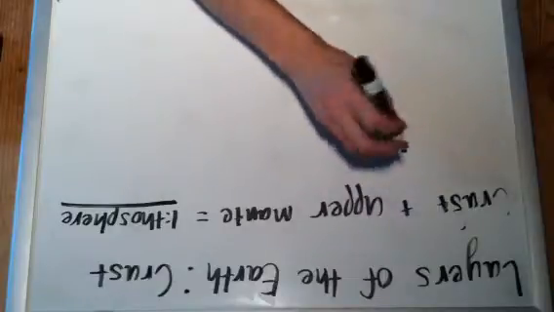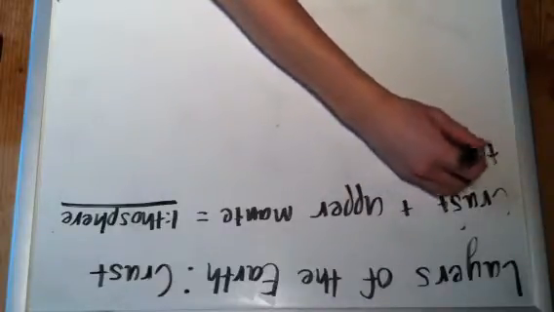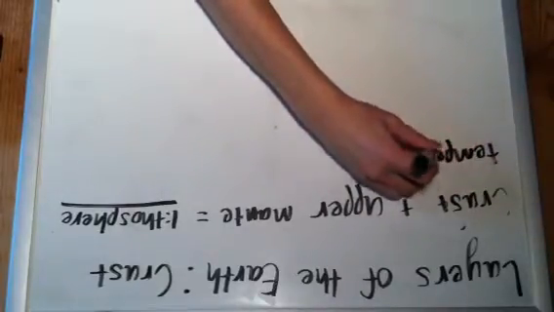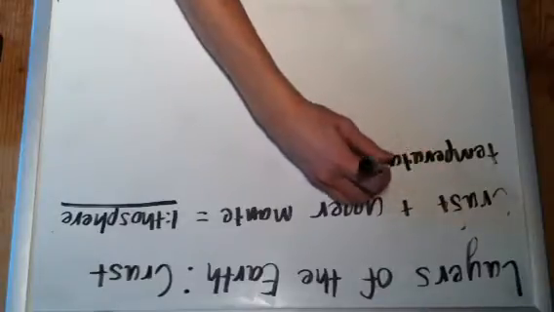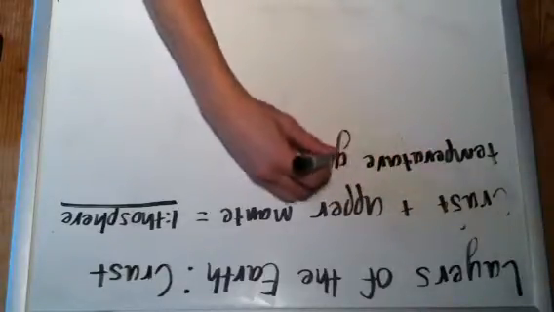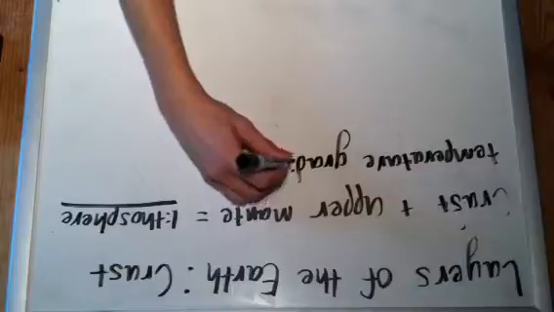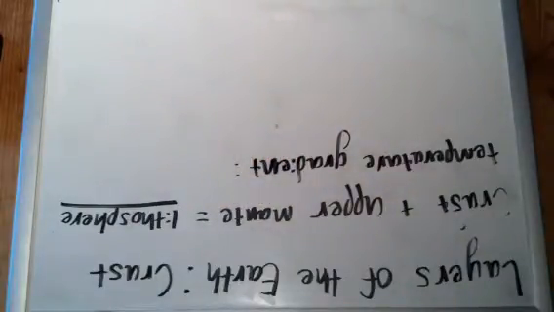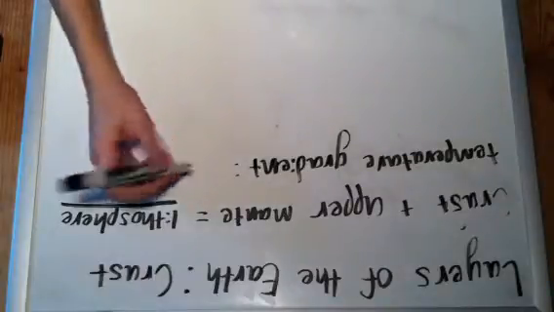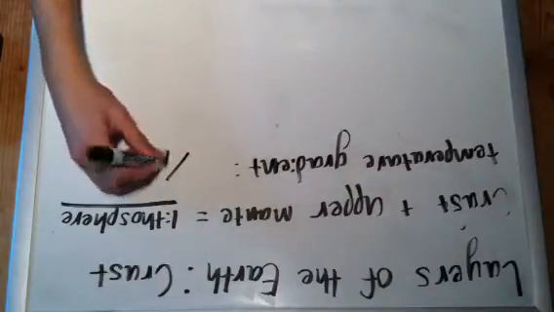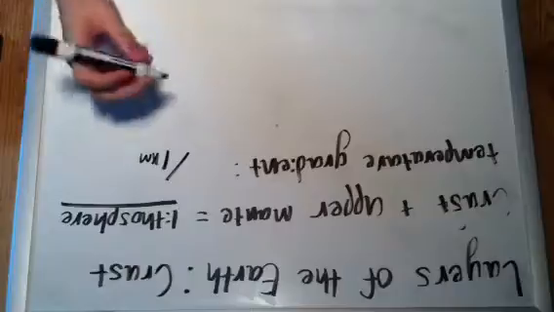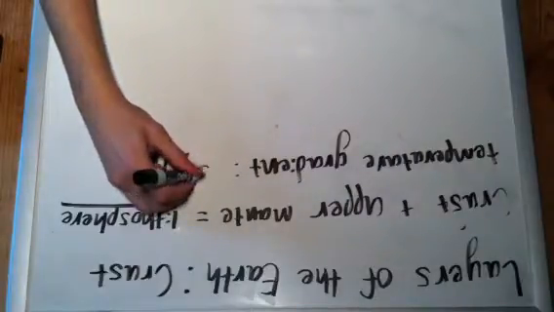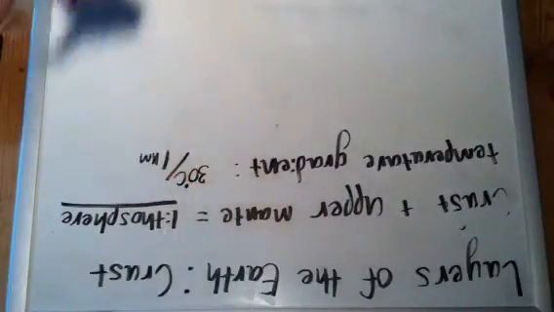As far as temperature goes in the crust, the temperature gradient is usually roughly, for every 1 kilometer you travel downwards, it'll increase by about 30 degrees Celsius.